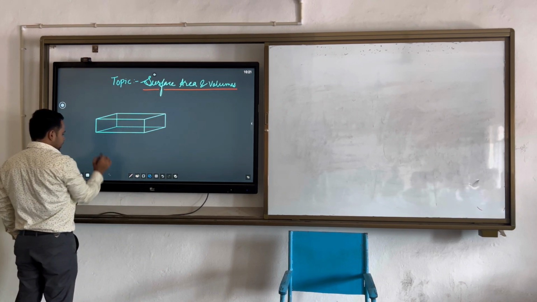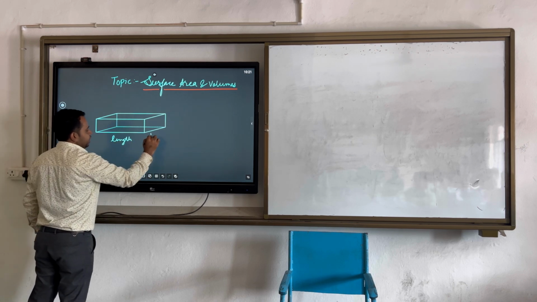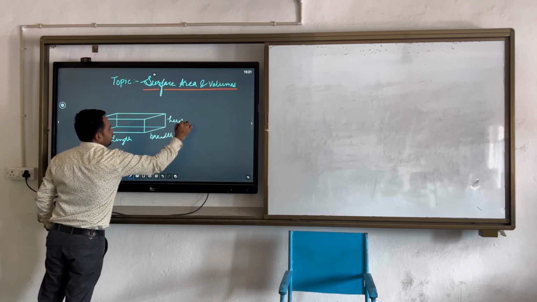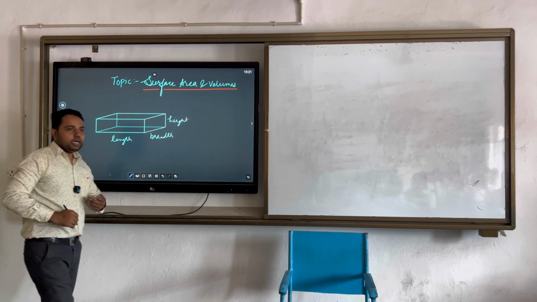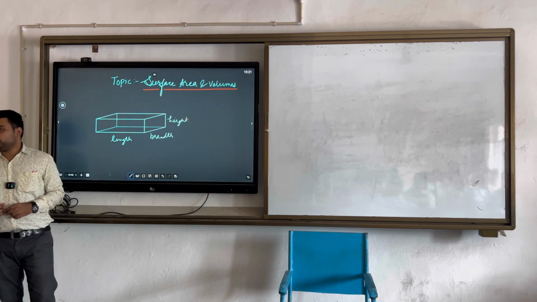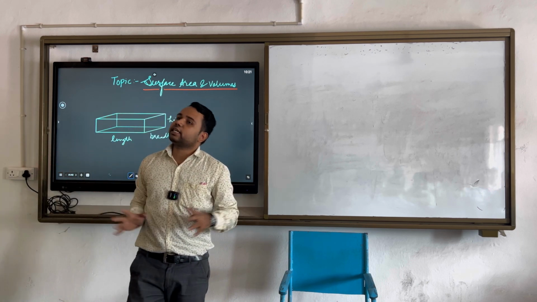We know that in this one, it is the length, it is the breadth, and it is the height. If you want to discuss the formula of the cuboid, formula means surface area and the volume. How to discuss? We know that this room is also a cuboid. It means this room is made of 6 rectangles.